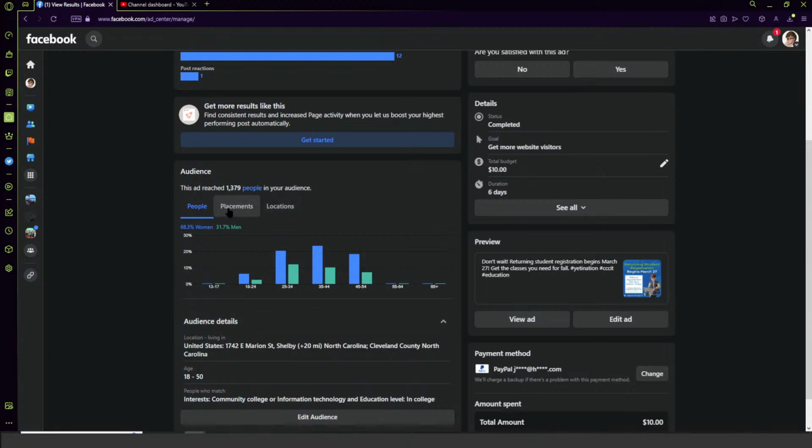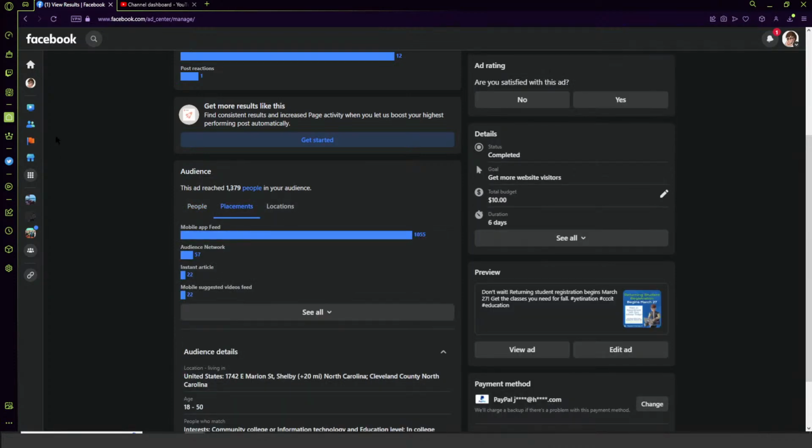If we look at the placements here, that shows us where it put the boosted post, and you can see that the majority of it is in the mobile app. So the majority of the people saw this on mobile, which gives us the indication that a lot of our users that are using Facebook, or a lot of our potential students that are using Facebook, are using it primarily on the mobile app.